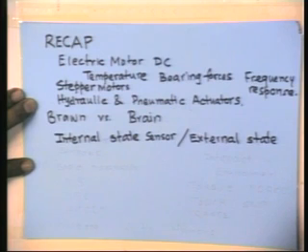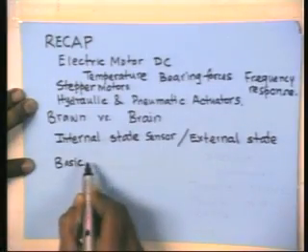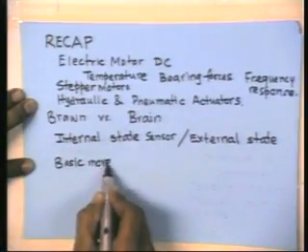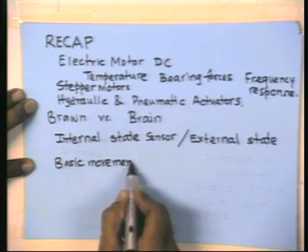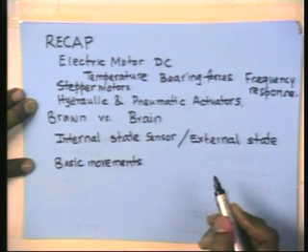What do we mean by internal state sensors? These are sensors which help us in the basic movement of the robot. So whatever assists us in doing the basic movements, we cover under the internal state sensors.